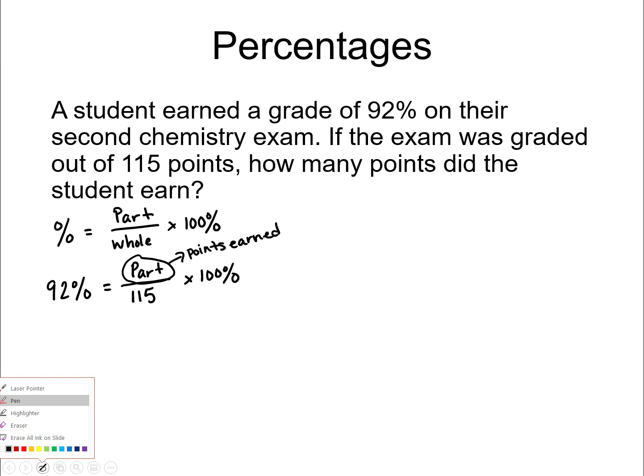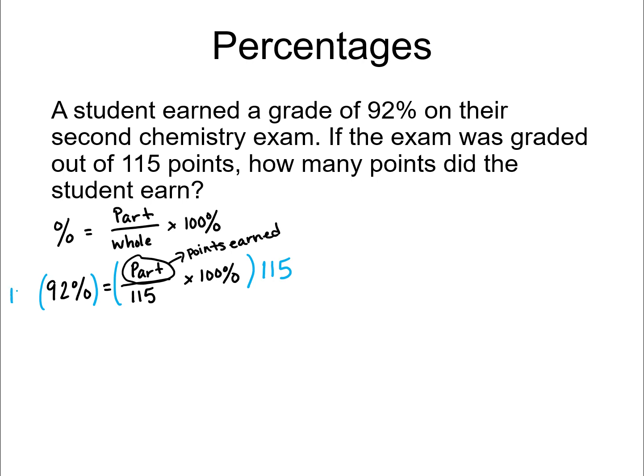Now I'm going to walk it through step by step. And unless you tell me to, I'm not going to go into a lot of detail. But we need to isolate that part on one side and get all the numbers on the other side. Multiply by 115 to get rid of that 115 on the one side.